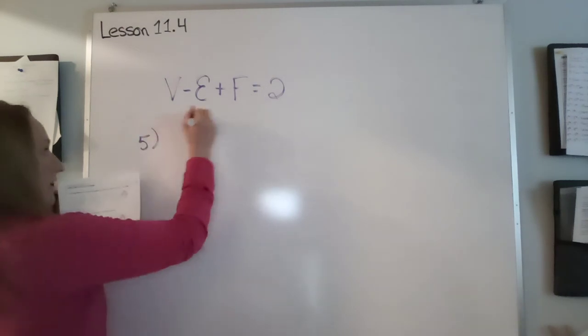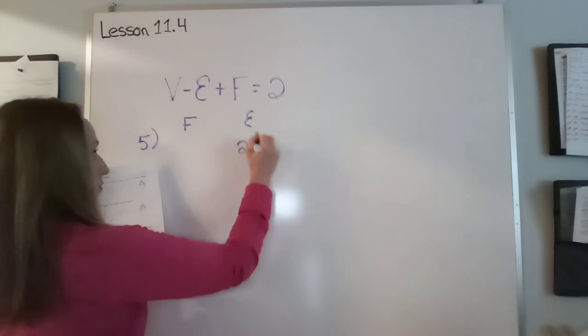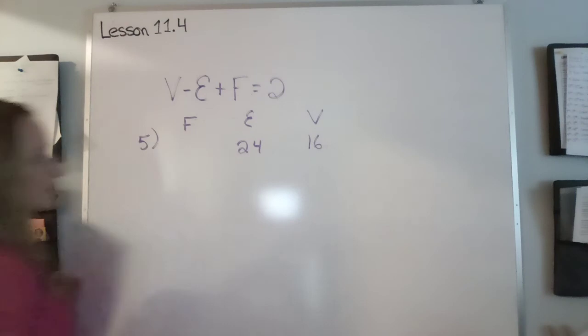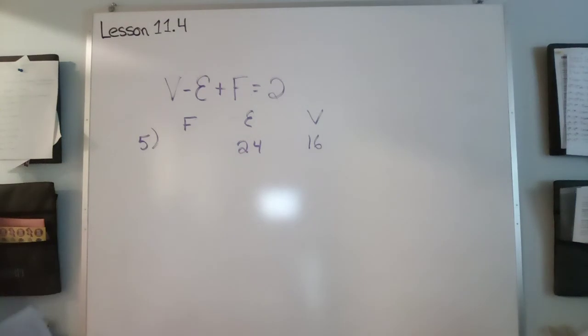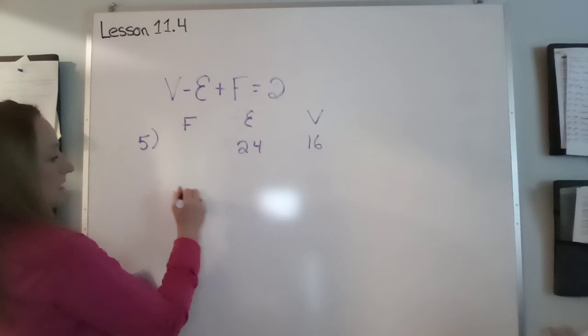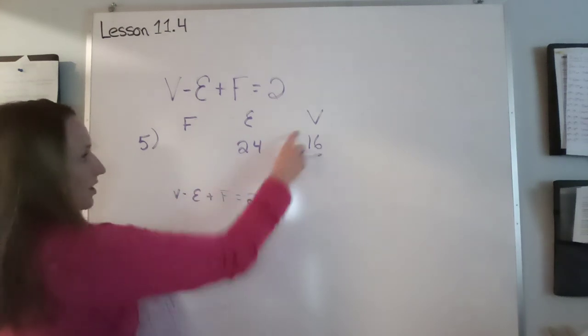For 5, you don't know the faces, you know the edges is 24, and the vertices is 16. So basically, we're just solving for the faces using the formula. If the formula is V minus E plus F equals 2, fill in what you know.